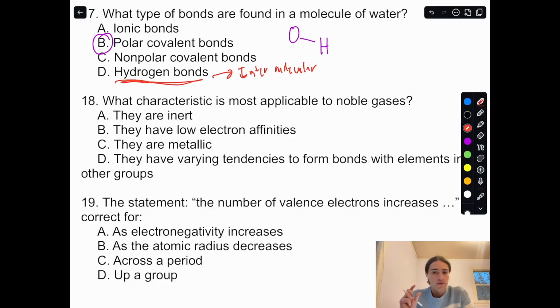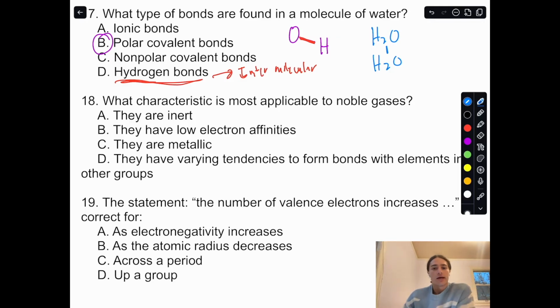It doesn't refer to the bond between atoms. Oxygen and hydrogen here have an intramolecular bond, a bond between atoms. Intermolecular forces are between multiple molecules. So you need two waters, and then you can have hydrogen bonds in between them. We'll see this more in the next few videos.